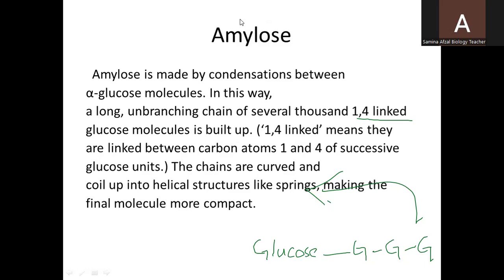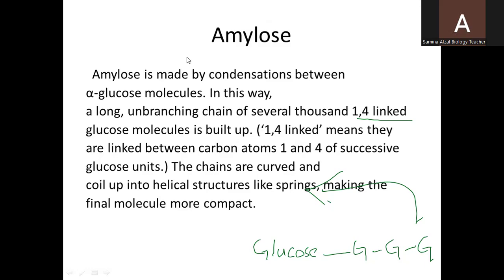So a long chain of glucose molecules is formed, which can be more than 250 glucose molecules, and that is called amylose. When 1,4 glycosidic bonds form, the chain coils up into a helical structure like a spring, so a compact molecule of amylose is formed.